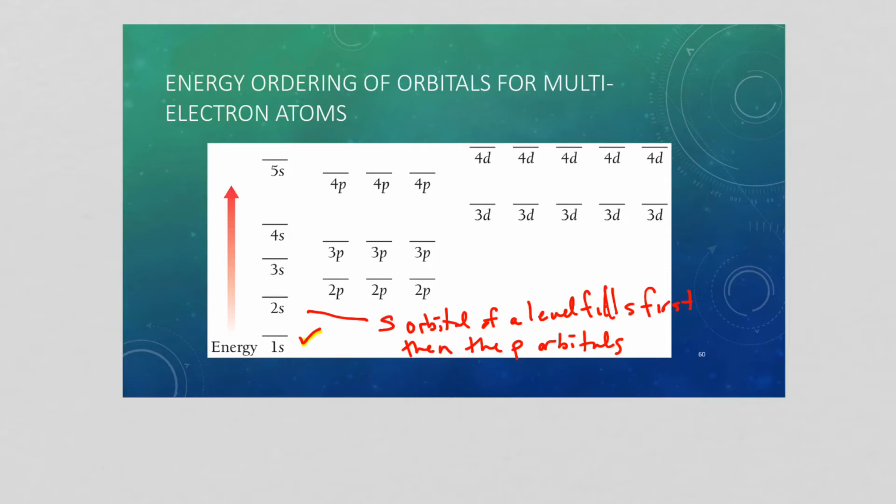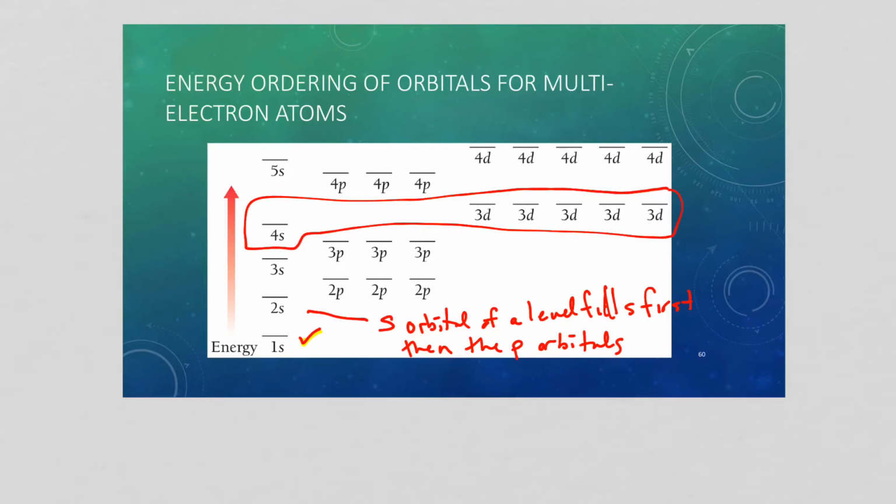Now, the key thing to note here is this area right here. What we want to notice is that the 4s orbital is actually lower in energy than the 3d orbitals. So even though it's in a higher level, it's actually lower in energy than those d orbitals, in this case the third level.